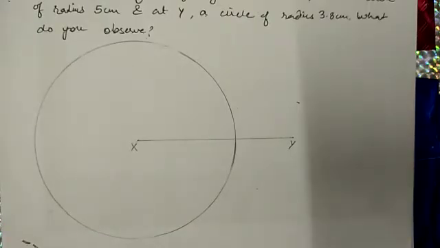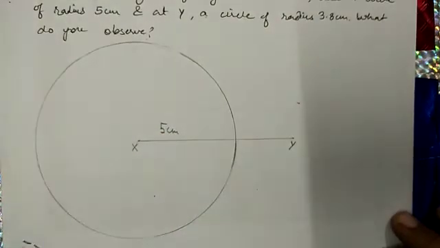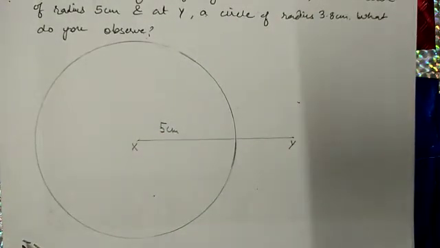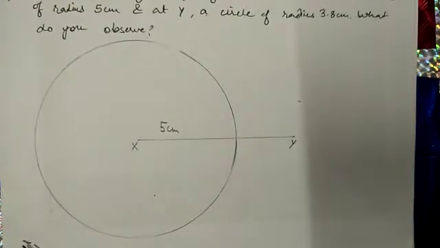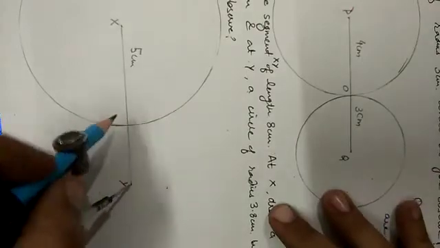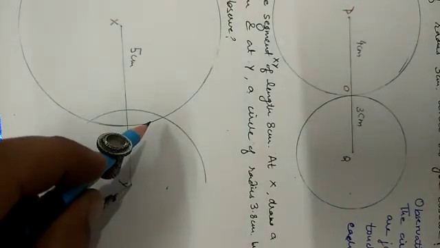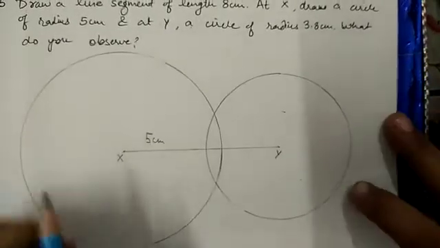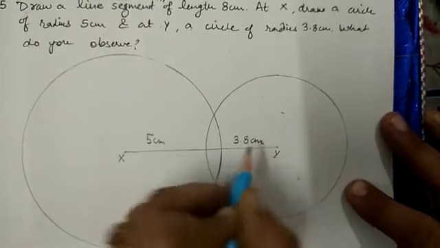See, I have drawn this circle of radius 5 cm. At point Y, I have to draw a circle of radius 3.8 cm. I have opened my compass to radius 3.8 cm and I am drawing a circle now. See, I have drawn a circle of radius 3.8 cm.